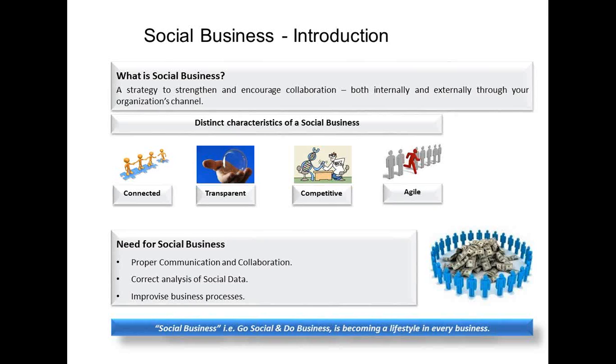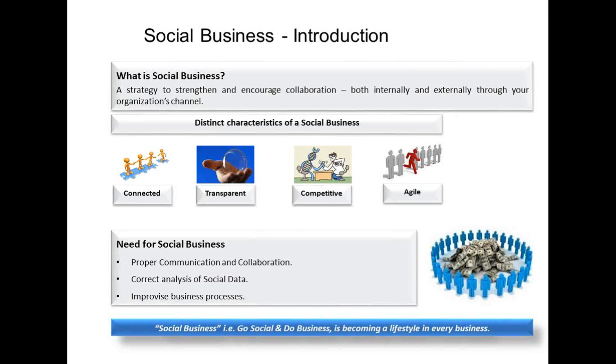Some of the characteristics we observe about social business are: being connected, like connecting people; being transparent, sharing all kinds of information that may help people align with their key result areas with respect to business; and being competitive, providing value-added service to make competitive differentiation.